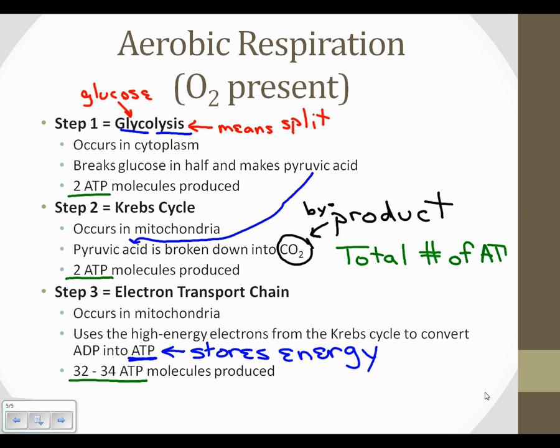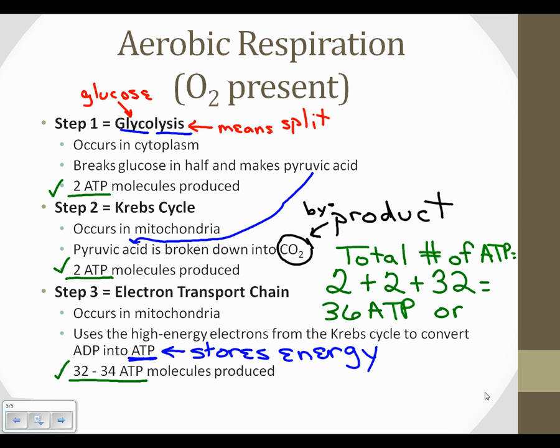So let's look at our total number of ATP molecules at the end of aerobic respiration. So total number of ATP molecules, we have 2. We got that 2 from here, plus another 2, plus we have 32 to 34. So we'll start with 32, and that equals 36 ATP.